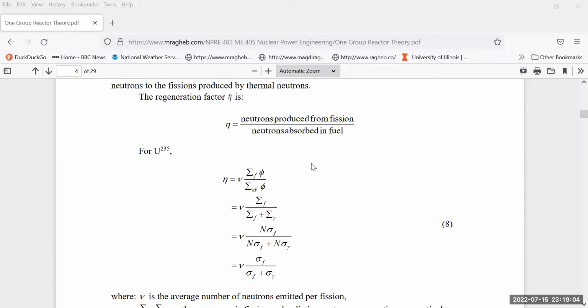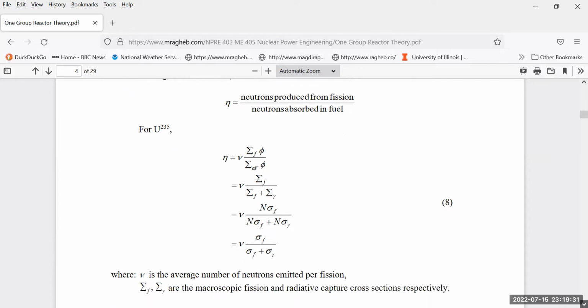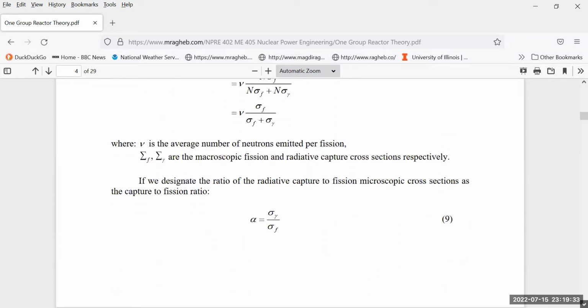I hope it's recording. All right, so that is the regeneration factor. Then the N cancel, and then it becomes something that we can calculate very easily if we know the average number of neutrons produced in a fission event multiplied into the ratio of the microscopic fission cross-section to the microscopic fission cross-section plus the radiative capture cross-section in general.